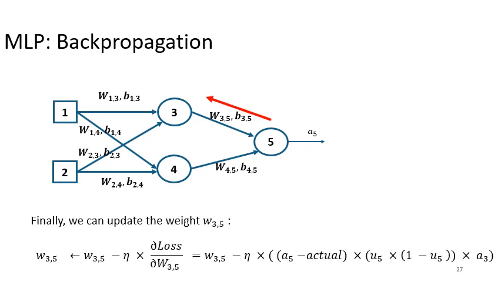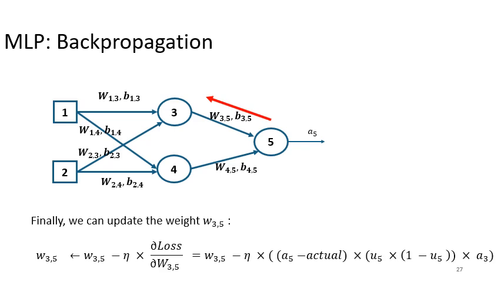The weight update for the weight W35 is performed using the gradient calculated during backpropagation. The new weight W35 will be equal to the old weight W35 minus the learning rate multiplied by the derivative that we have already computed. We simply replace the derivative by E5 minus actual, multiplied by E5, multiplied by 1 minus E5, and everything multiplied by E3.